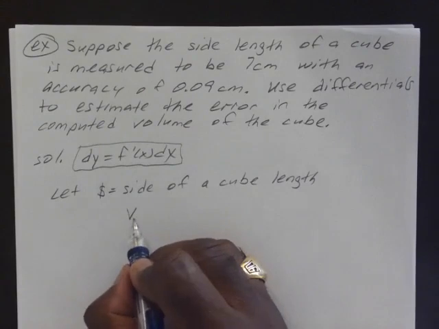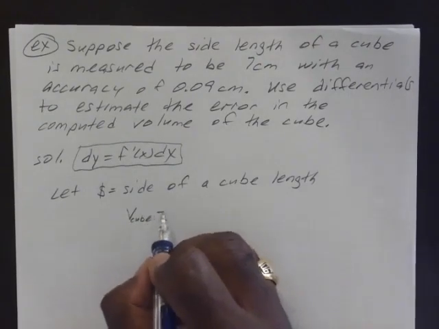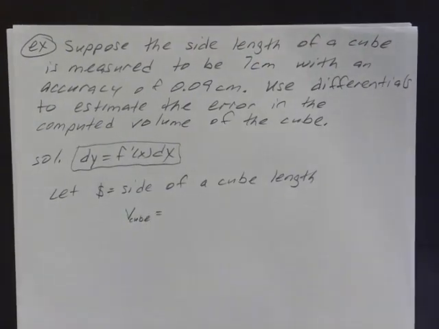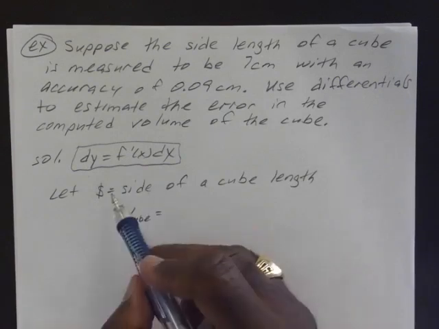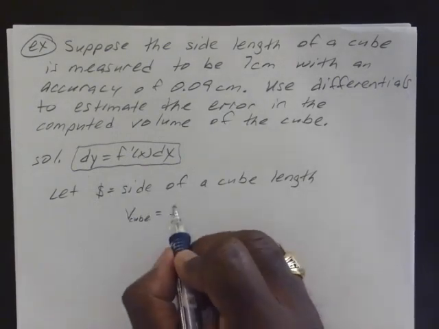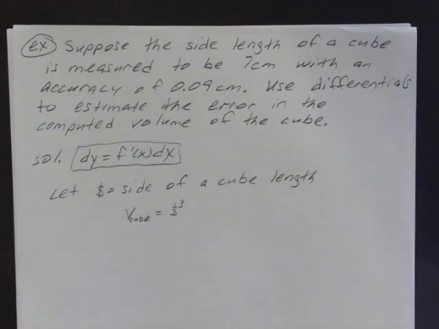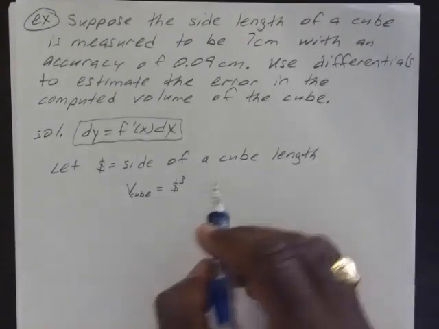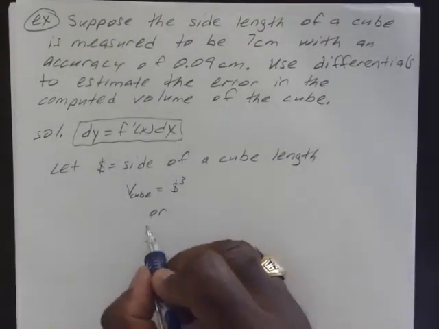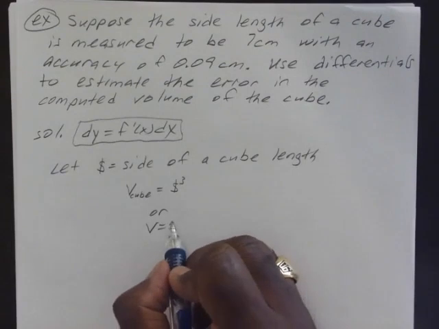Okay. That means the volume of the cube, which is the length times the width times the height, is just S times S times S. So it's S to the third power. Or you can just say V is equal to S to the third power.